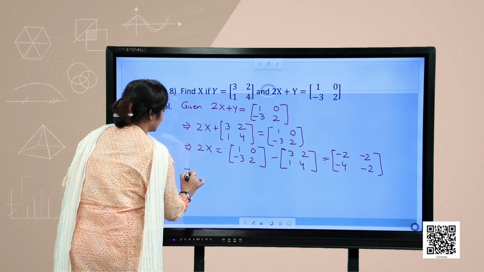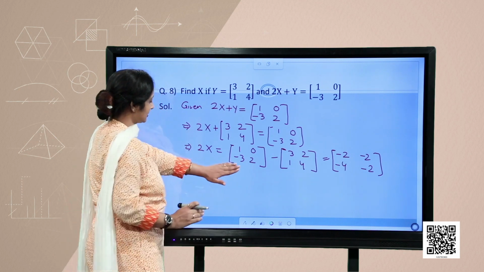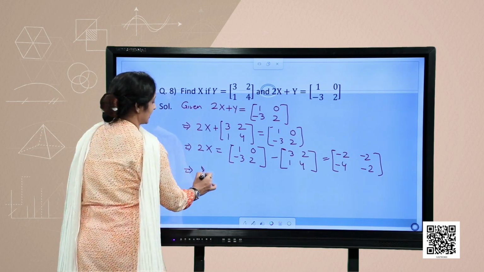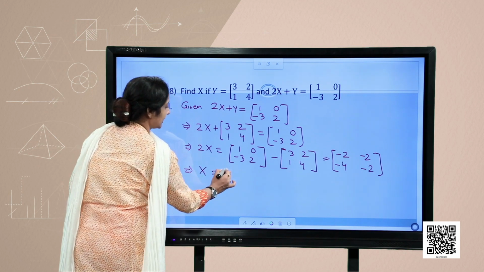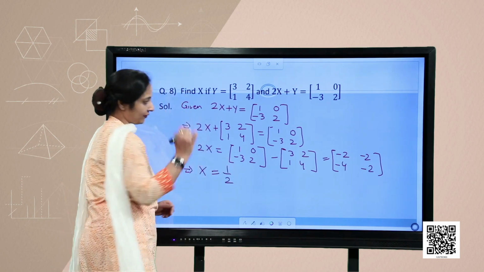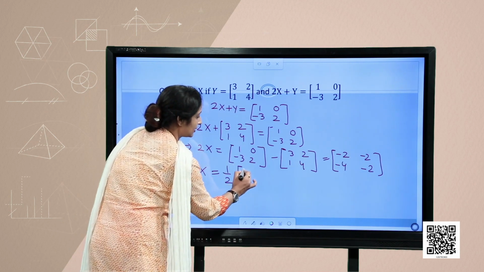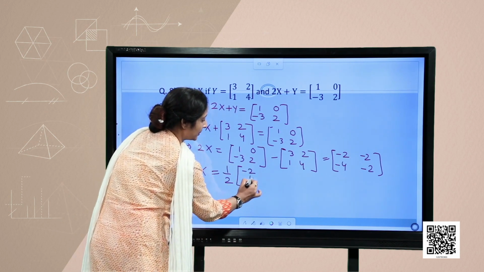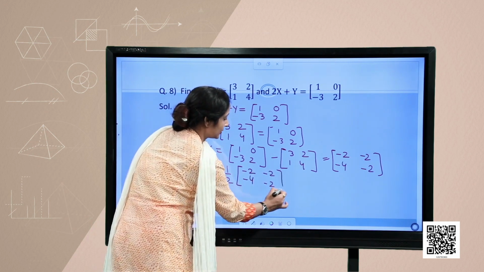Then you can calculate this matrix X as, because we are supposed to calculate this matrix X only. So, this 2 will be going to the other side and it will become half of that matrix, which I will write here minus 2, minus 4, minus 2, minus 2.